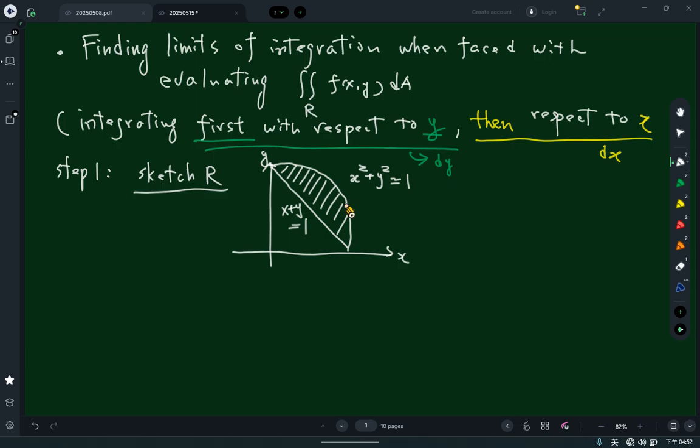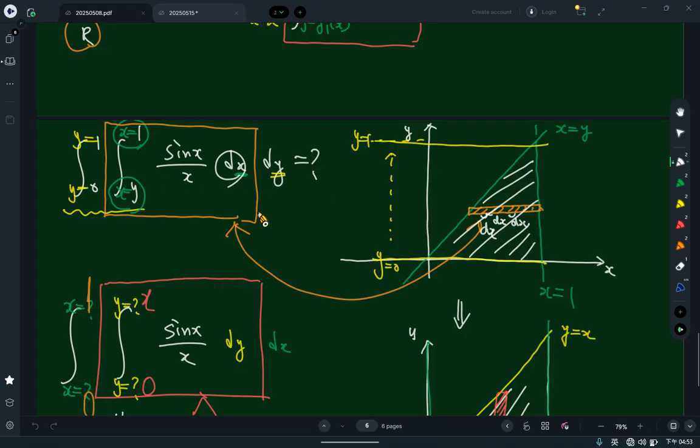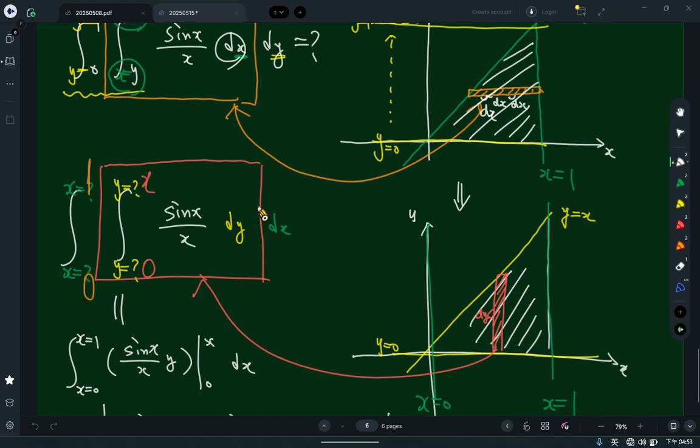Then the step two, because we just integrate first with respect to y. So as I told you, with respect to y, that means that will be the vertical line, right? Here, let me just show you again. So if dy goes first, then it will just pass through the region as a vertical line.